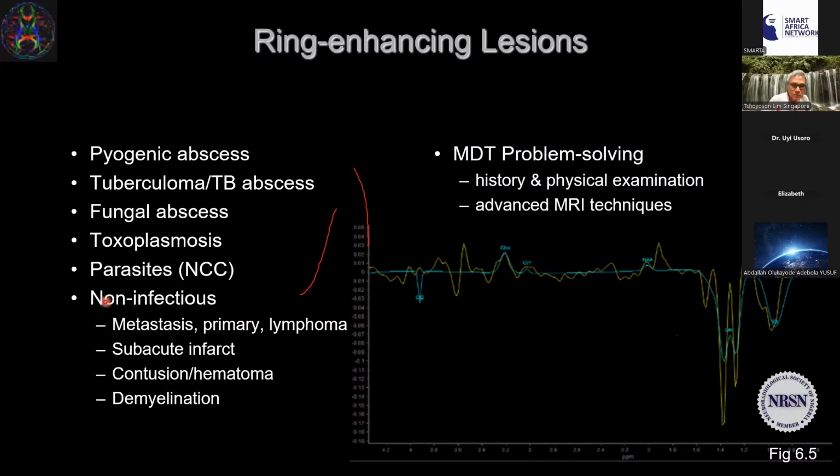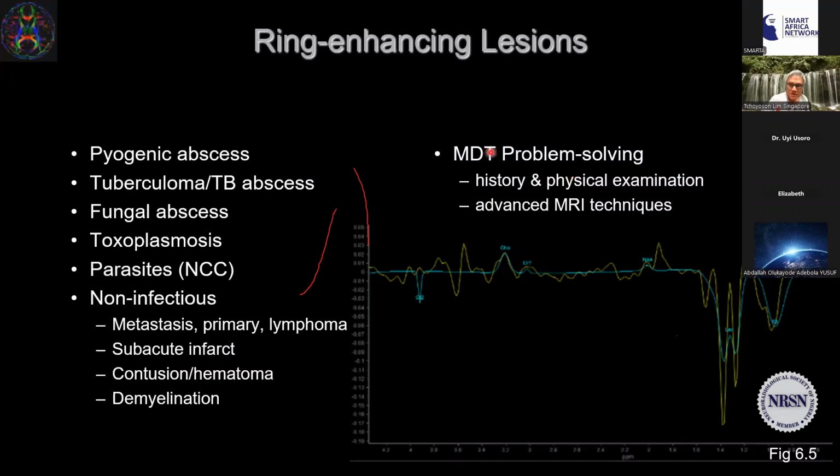Ring-enhancing lesions can also be non-infectious, typically metastatic, which can be thin-walled, and primary glioblastomas, which are usually thick-walled, or lymphoma in very unusual circumstances. Don't forget, a ring-enhancing lesion can also be caused by a subacute infarct. They can be caused by contusion and hematoma. If we have prior imaging, this helps us a great deal. And finally, the incomplete ring enhancement of a tumefactive demyelinating disease.